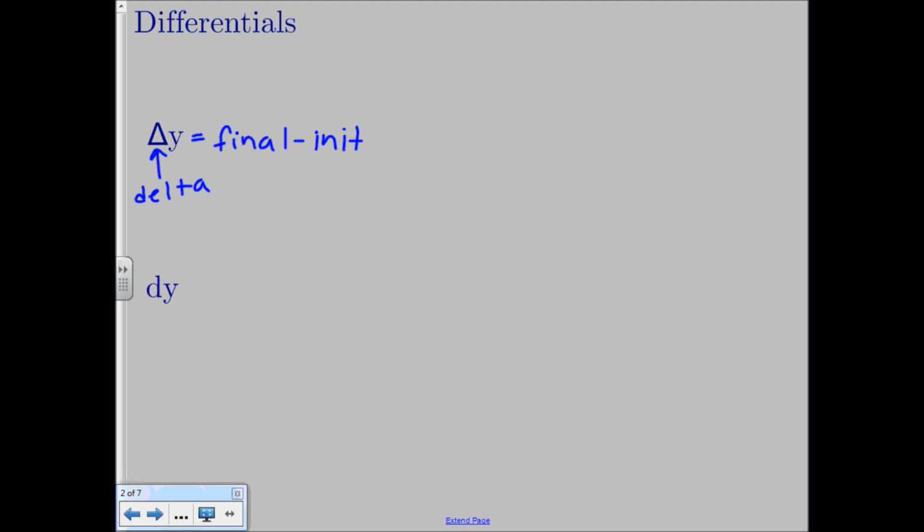And when we're talking about the change in y, we're talking about some function value at a larger x value minus the function value at the smaller x value. So this delta x is just your change in x.